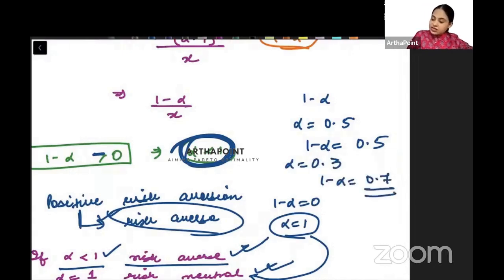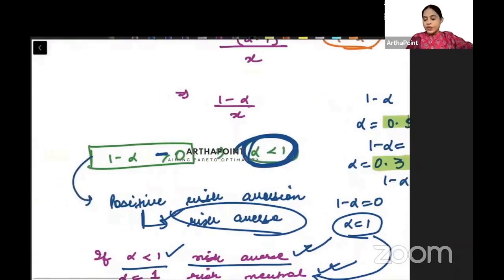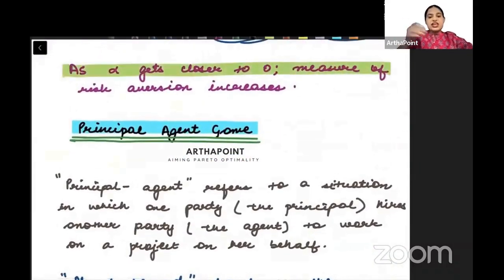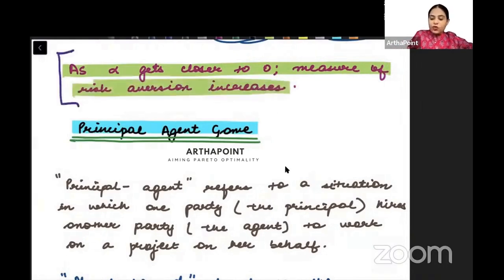So जैसे जैसे alpha कम होता जा रहा है, the amount of risk aversion is increasing. As alpha is becoming closer and closer to zero, we can see that the amount of risk aversion is increasing. I hope that this part is absolutely clear to you.